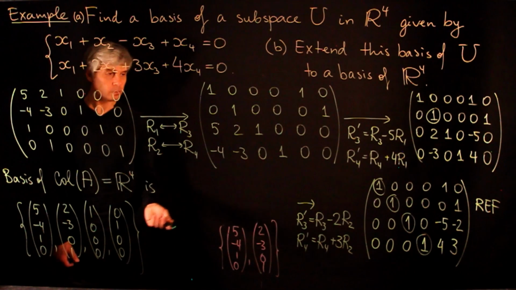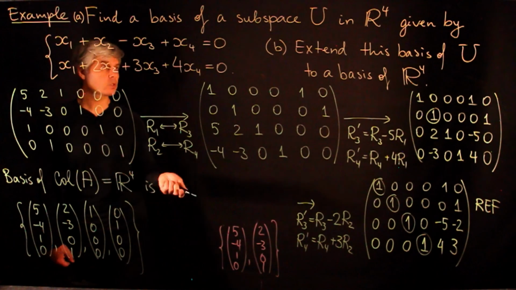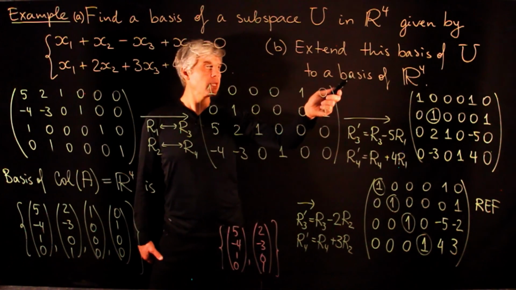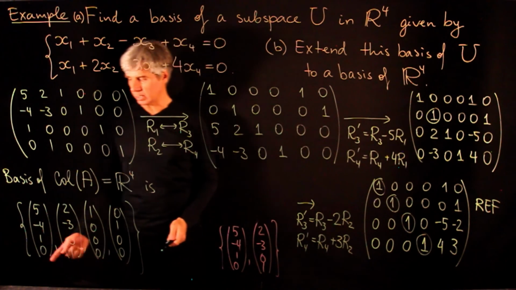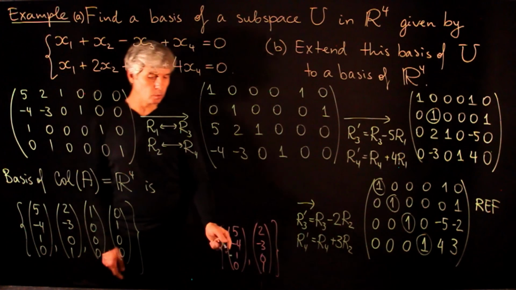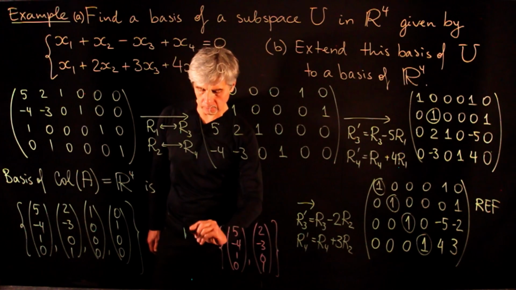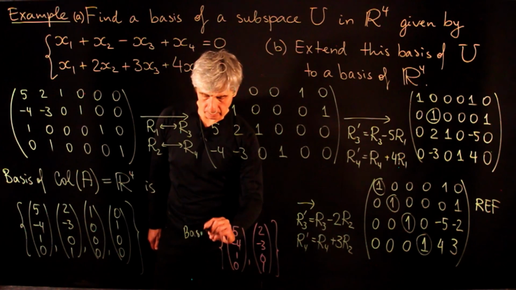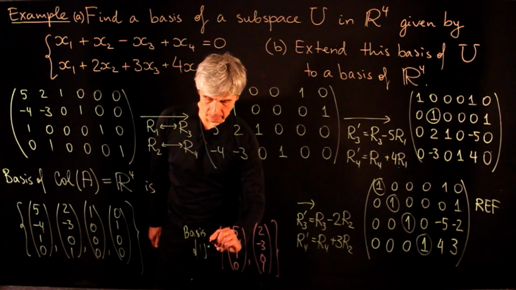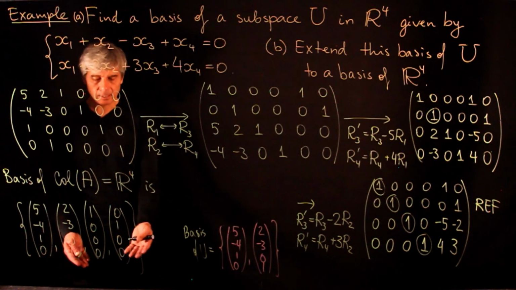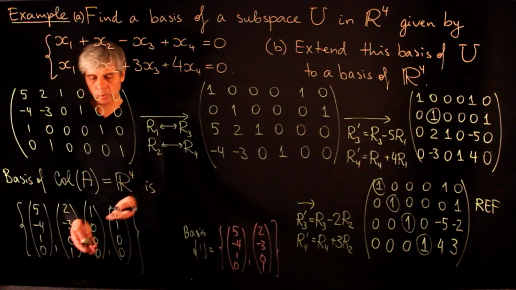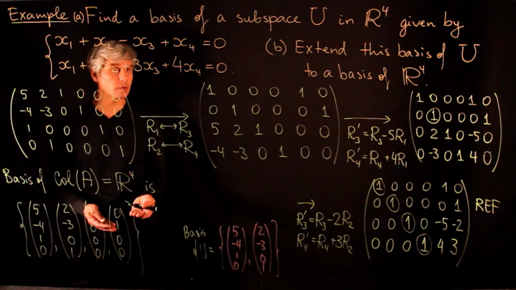And now we see that using this trick, we solved our problem. So we obtained a basis of R4 that starts as a basis of U, right? So this was the basis of U here. So we have a basis of a subspace, and now we added 2 more vectors, because we need 4 vectors to get a basis of R4.